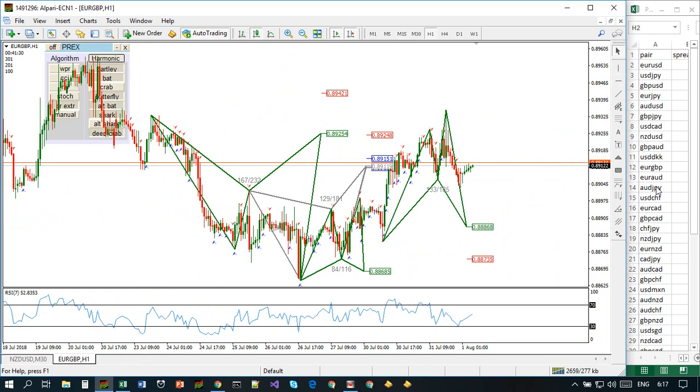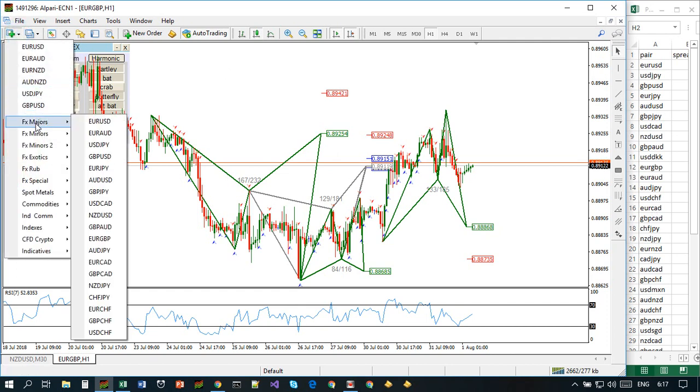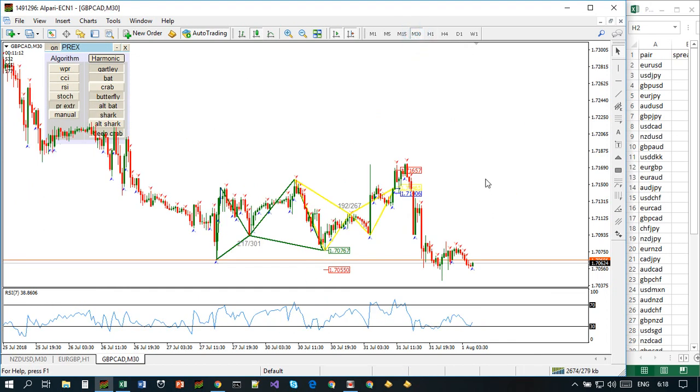Now what was it? Euro Canadian, I suppose, yes? Let's check the pound Canadian. It should have a similar setup. GBP CAD, but maybe it is not invalidated. No similar setups. They have some kind of correlation, but not always do they correlate exactly.